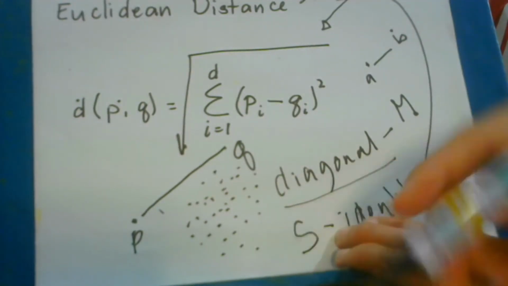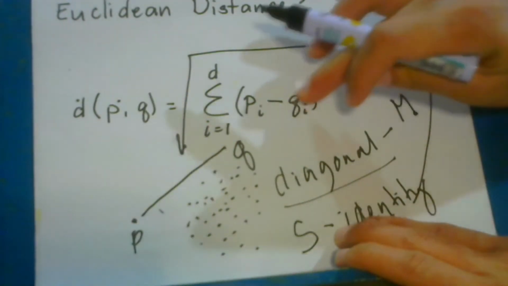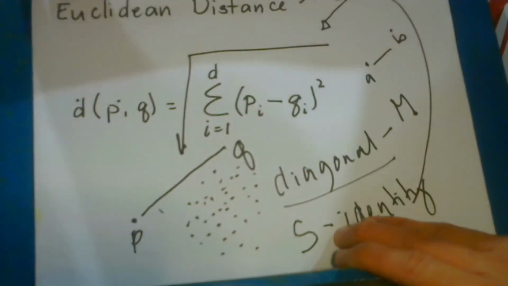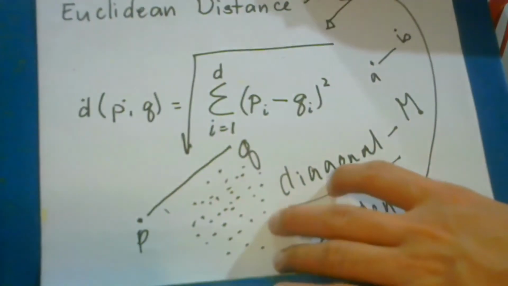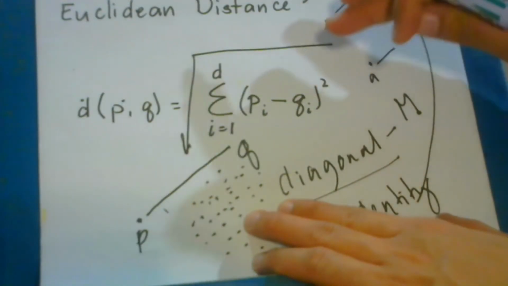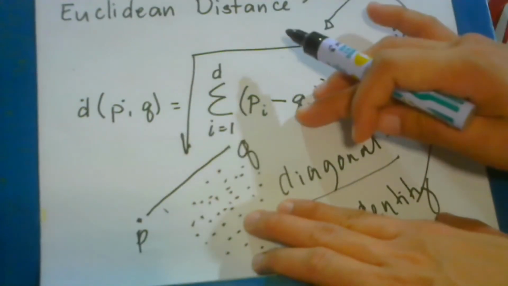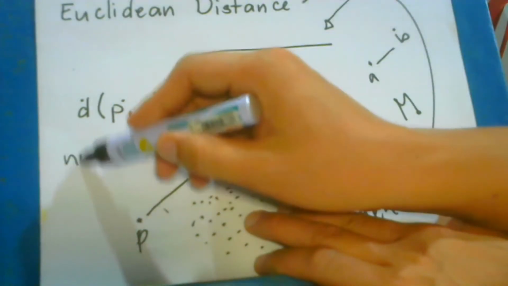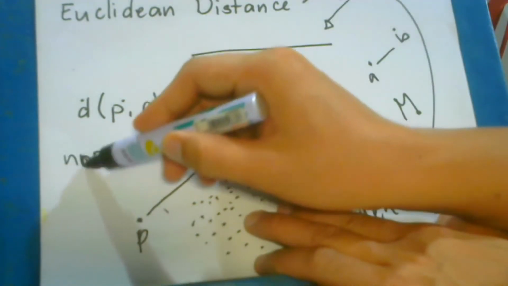So what do we do then before we do this? Before we go into this, the most important thing that we need to do is we need to normalize the data points.